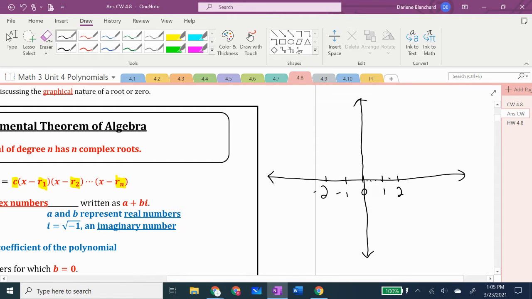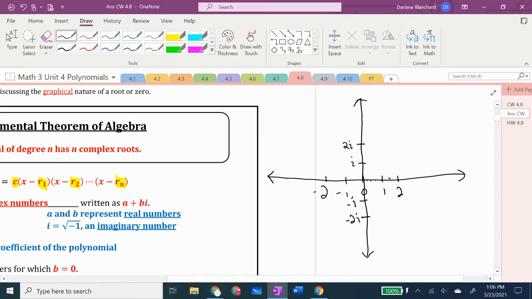Now, on this complex plane, 1 represents the imaginary number i, 2 is actually 2i, and then negative going down the way.